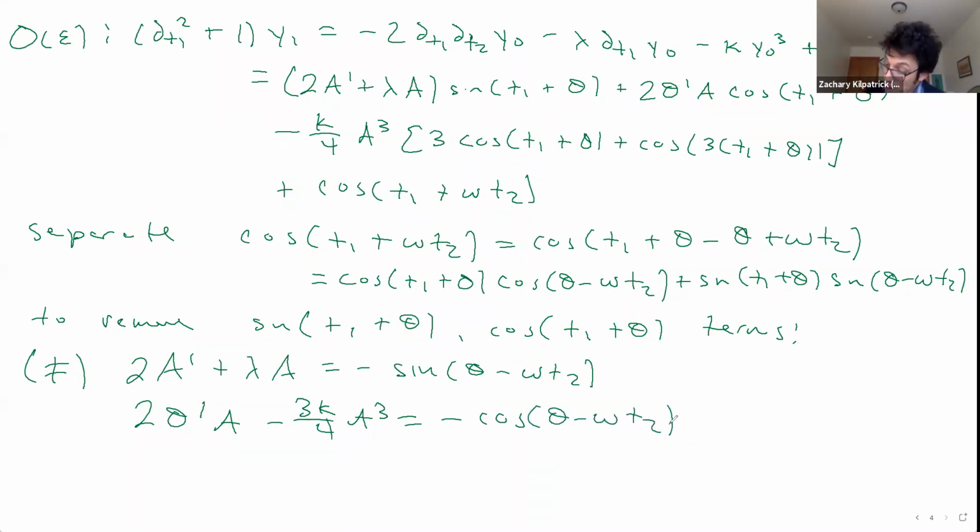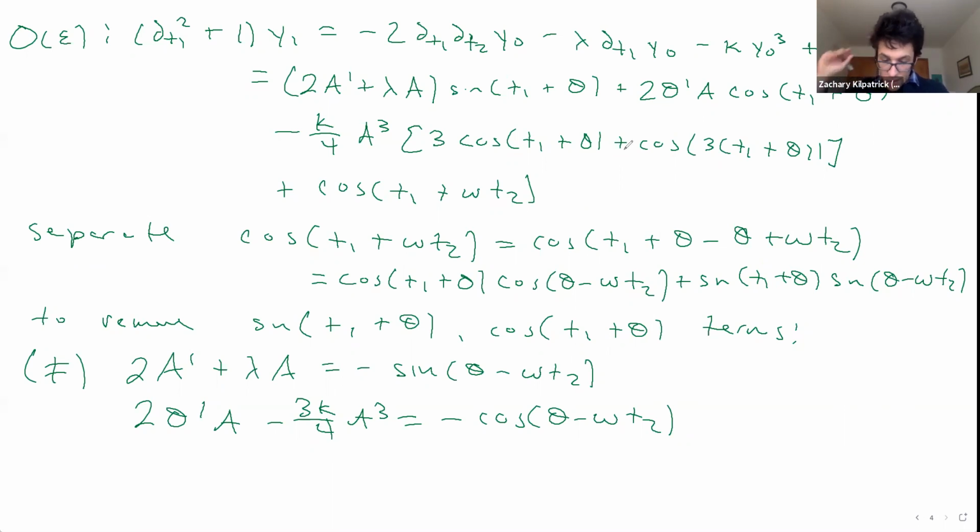Okay, because those are our resonant terms, right? Sine of t1 plus whatever shift, cosine of t1 plus some shift, right? I have to have these out of this expression here, otherwise I'm going to get resonance in y1, which I don't want, pure resonance in y1.